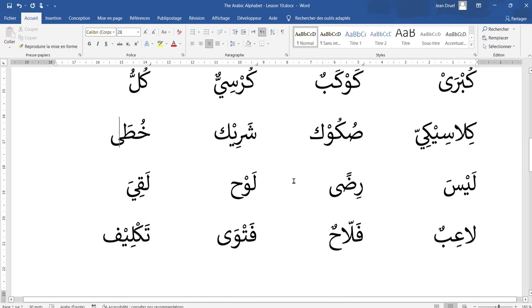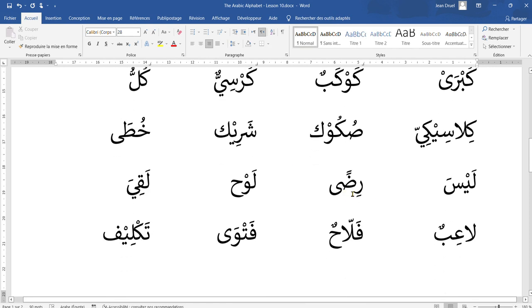Here ridan, same. Here you see the lam alif, then the hamza, la'ibun. And here you have a lam alif with a shadda on the lam, so it goes fallahun. So the lam is doubled, fallahun.